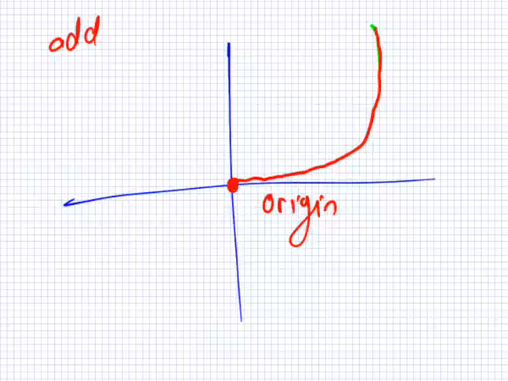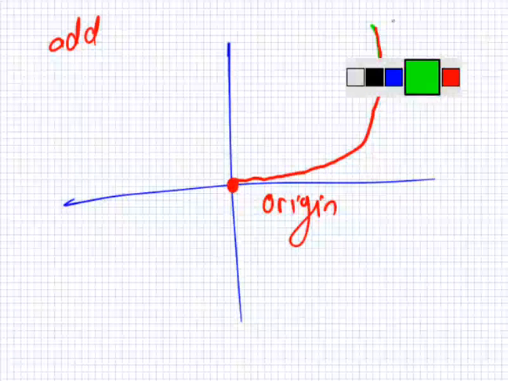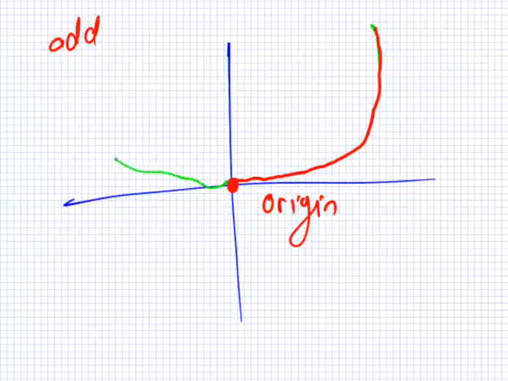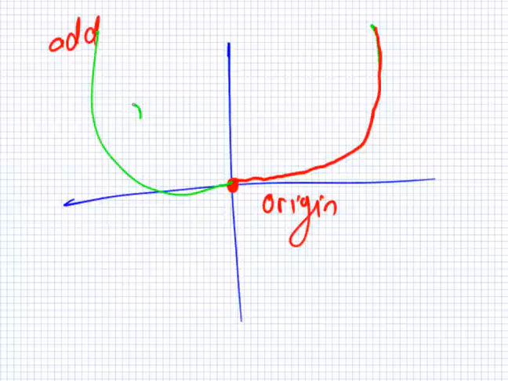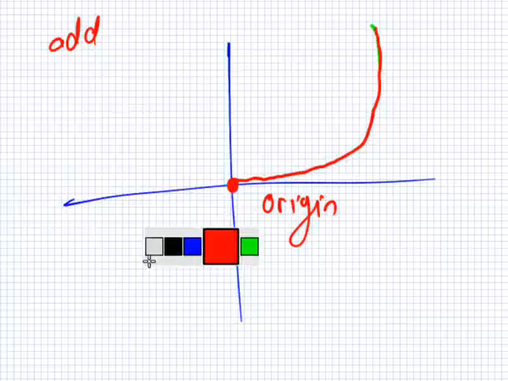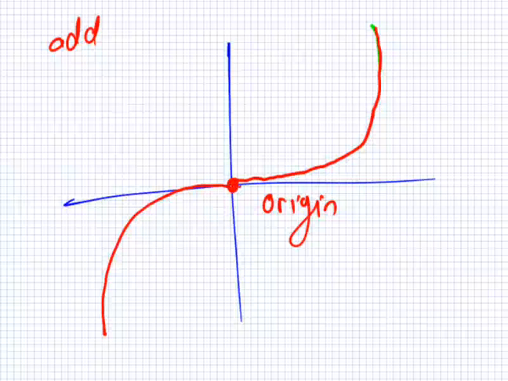Why is this not even? Because there are different values of y for x, because it shifted from the middle. Yes, so it's no longer a mirror. This is not the same on the left and the right of the y-axis. In fact, there's more on the left in this picture.